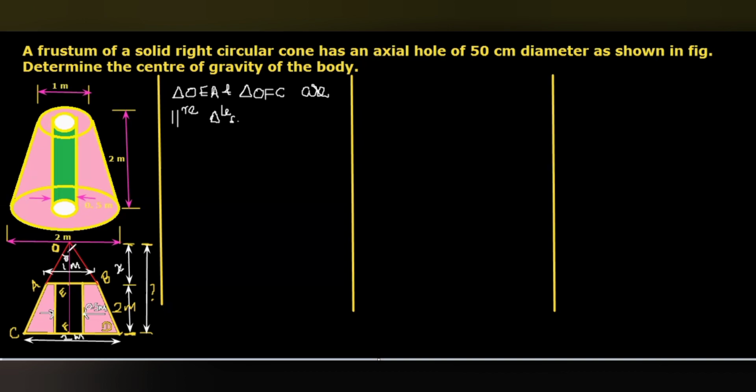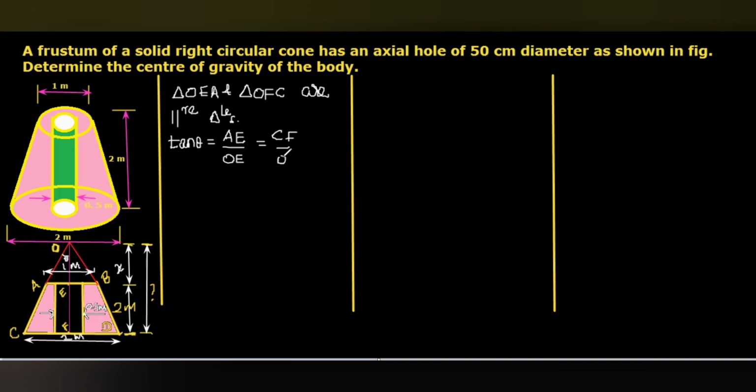So if you take tan theta, opposite side by adjacent side, for the smaller triangle AE by OE equals the same opposite side CF by the adjacent side OF.